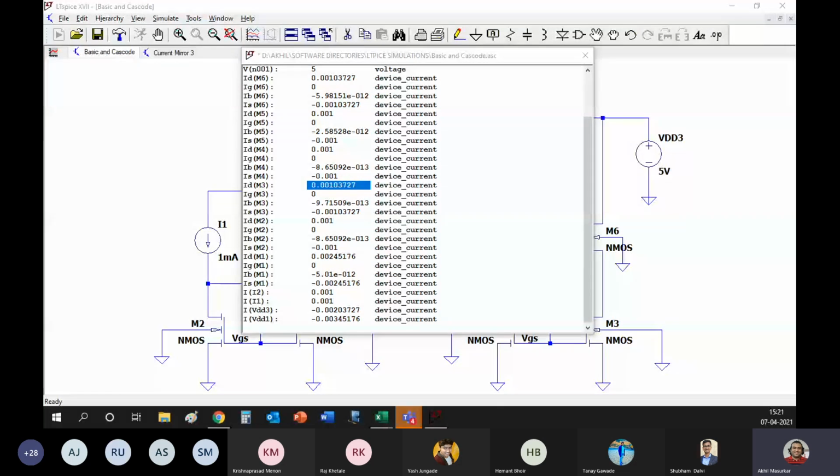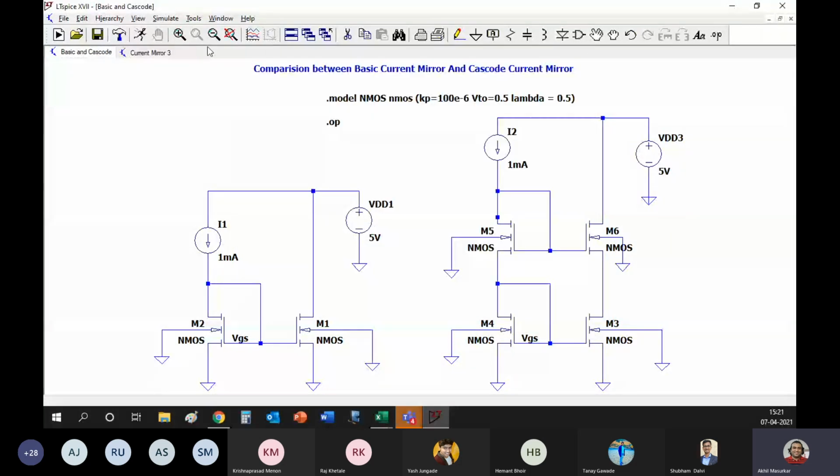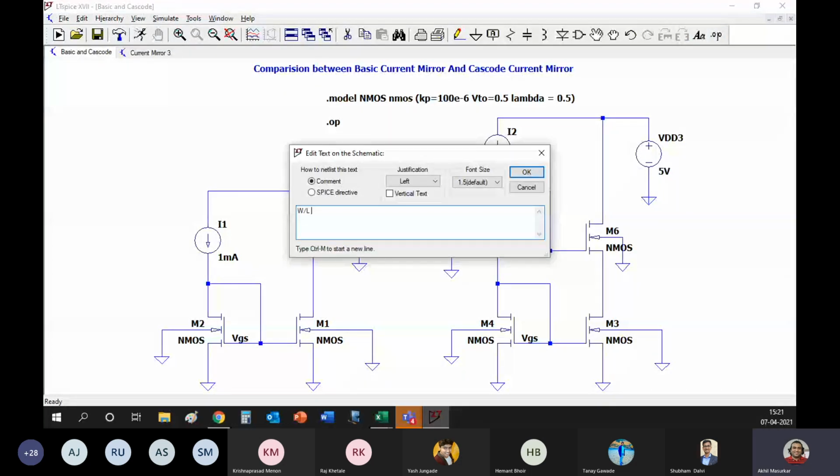What I am doing is, initially, let's name it like this. Let's write W by L as 20 microns by 0.18 microns for all the transistors.